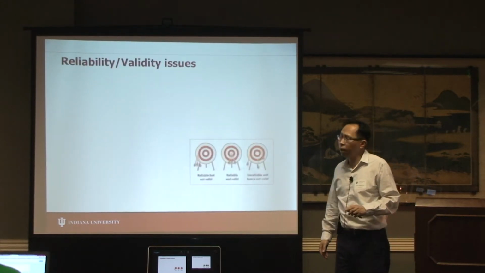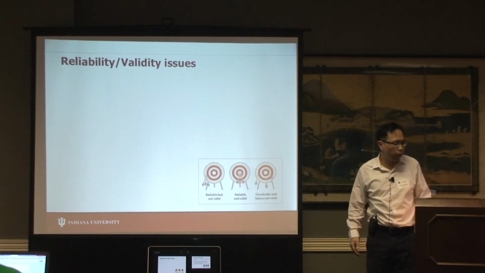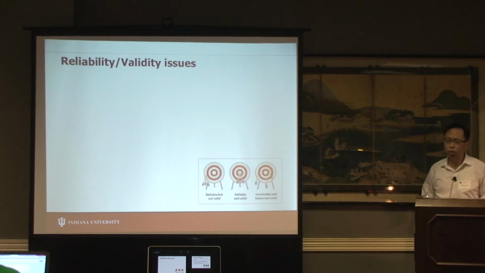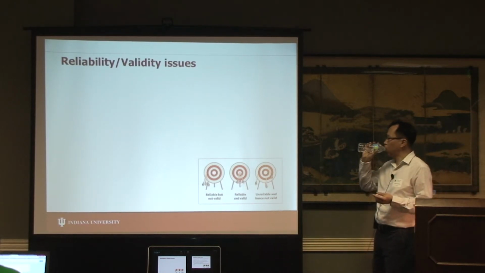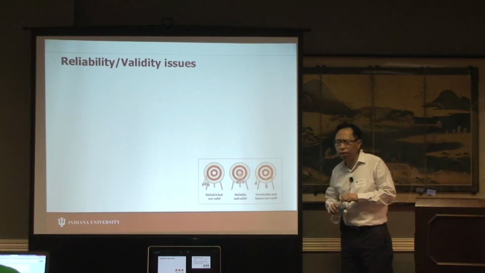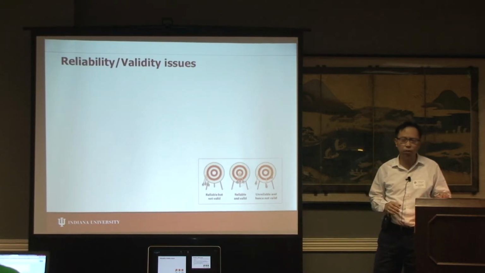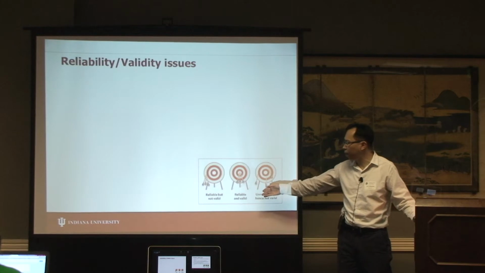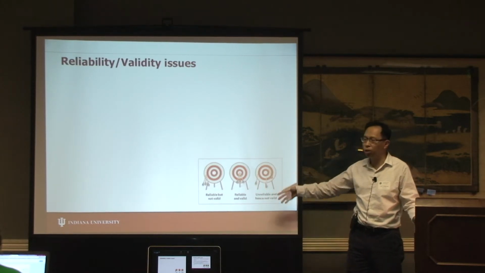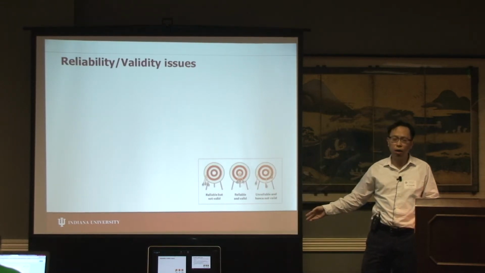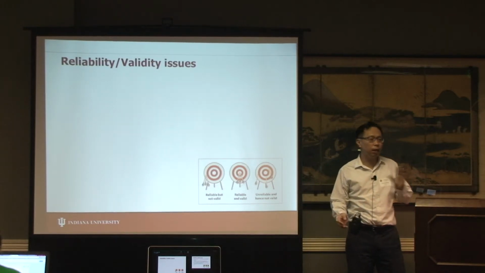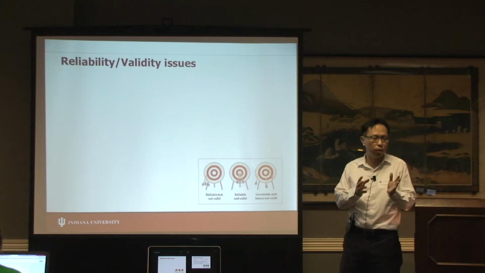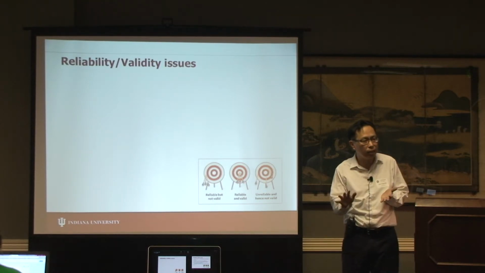Okay. Like I said, since this ePortfolio is an assessment tool, we want to make sure that the ePortfolio is also reliable and valid. I assume that you already know reliability, but let me refresh your memory. I found these really good illustrations to explain the difference between reliability and validity. Reliability is the consistency of test scores across different settings, right?